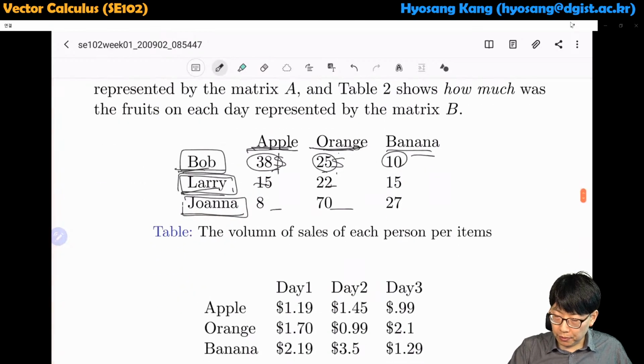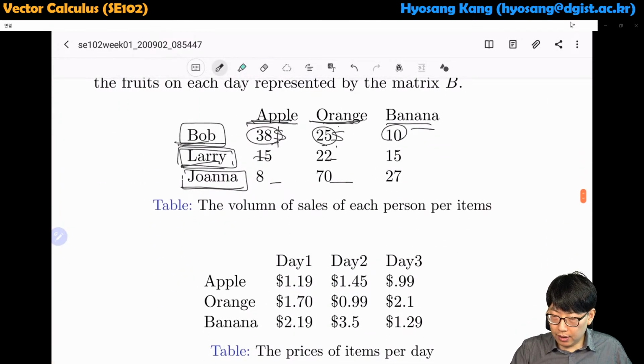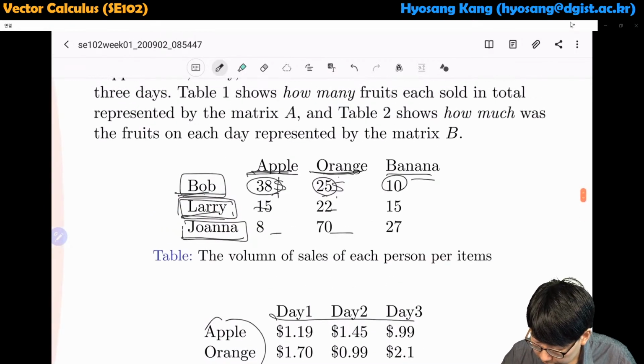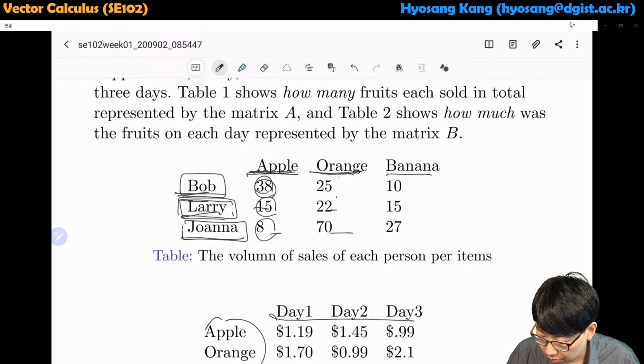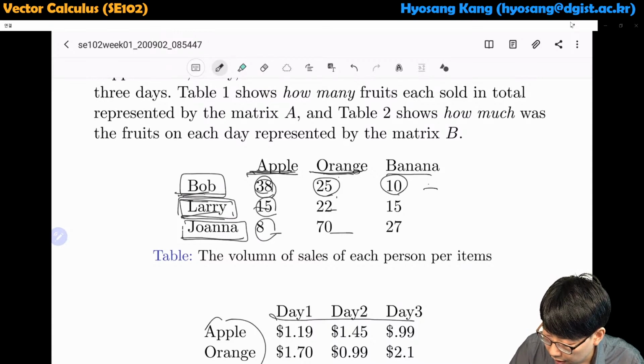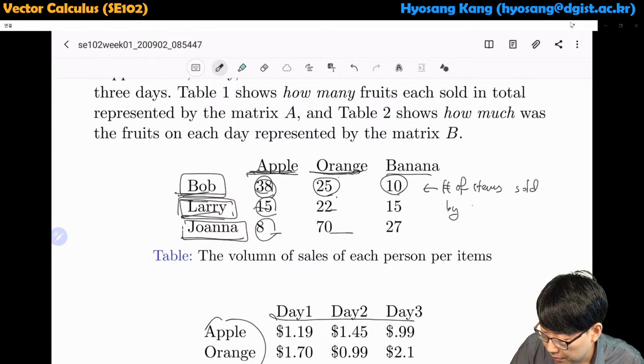And look at table 2. Table 2 shows columns of days and rows of fruits. I'm sorry, I got confused here. So this is the number of items sold. So Bob sold 38 apples, 25 oranges, and 10 bananas, and so on. So this is the number of items sold by a person.